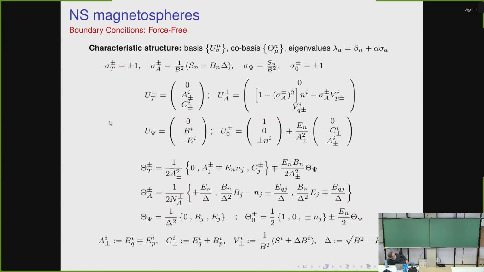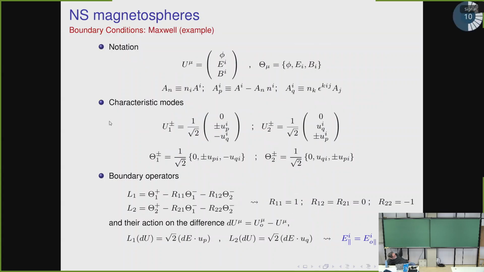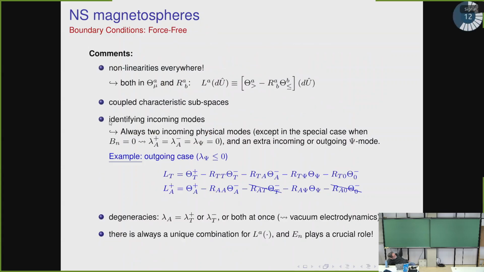And we play the same game, of course, as mentioned before. Now you see that the characteristic vectors and the characteristic co-vectors depend on the background field, so it's more complicated than in the Maxwell case. Both fields appear in the basis and in the co-basis, so the coefficients might also depend on the fields.